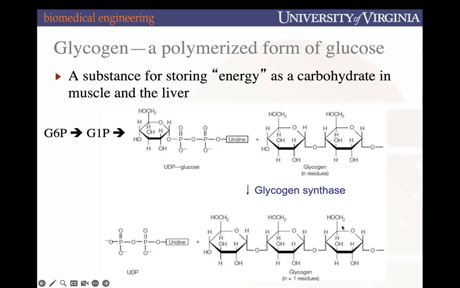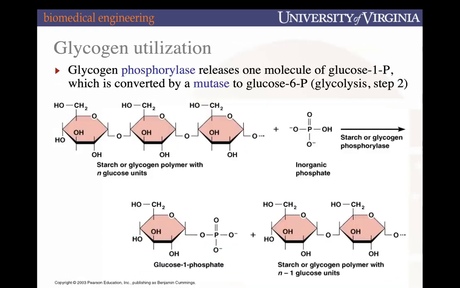And so glycogen is just the combination, via these two steps, to produce chains of glucose molecules that can be stored in liver and muscle as a future substrate for glycolysis. When the time comes where stored glycogen needs to be used as an energy source, glycogen phosphorylase adds a phosphate group and cleaves a glucose molecule to produce glucose 1-phosphate.